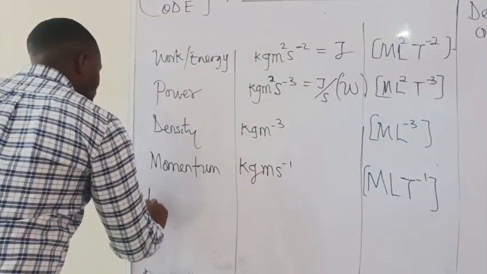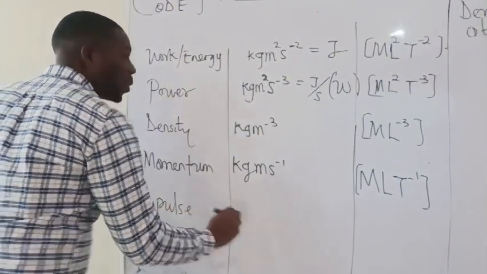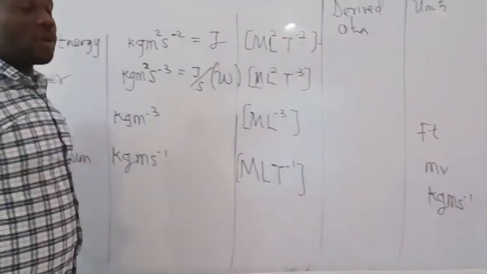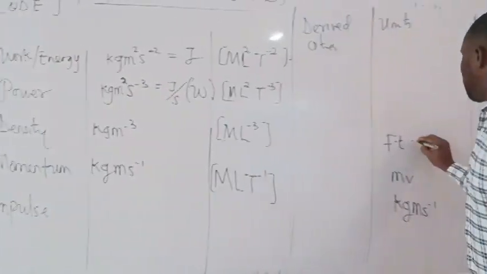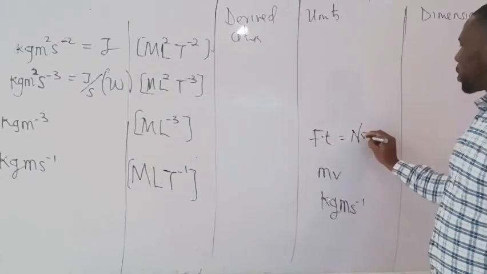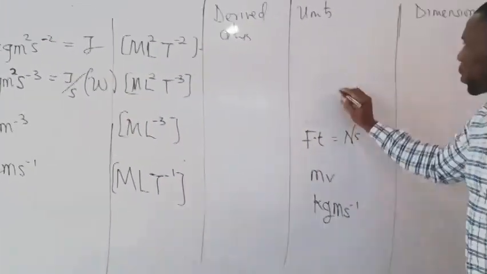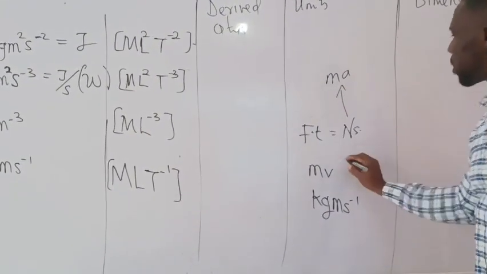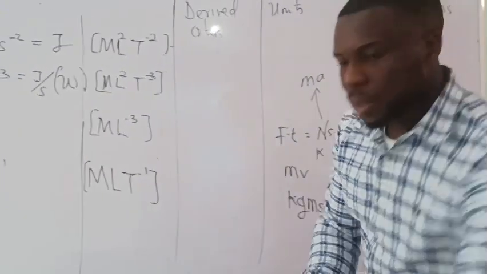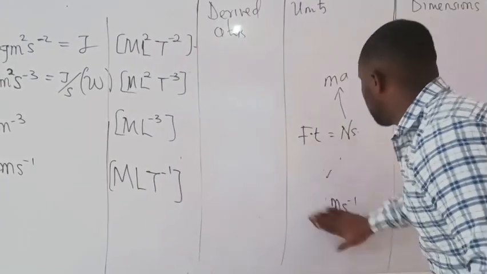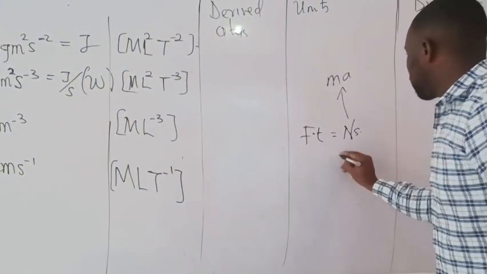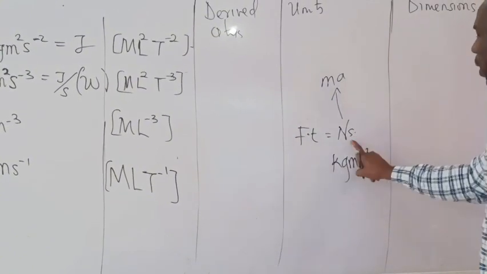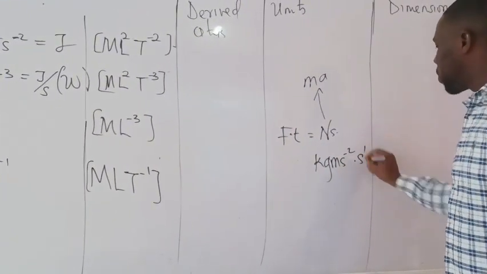Of course, we could have impulse. Impulse is simply the product of the force times the time in which the force acts. Force is in Newton and the time is in second. But force itself is the product of mass times acceleration. So we could say Newton is the same as kilogram for mass, meter per second squared for acceleration, then we multiply by second raised to power 1.